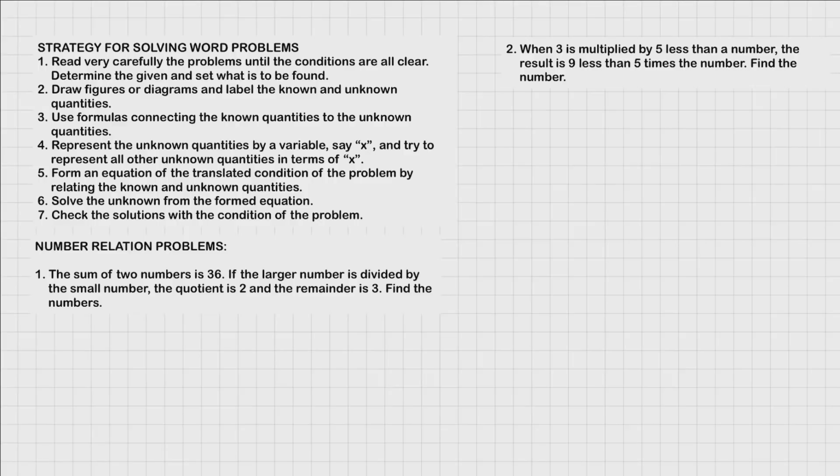Now from statement number 1, the sum of two numbers is 36. So we're going to let x be equal to our larger number, while 36 minus x would be our smaller number.